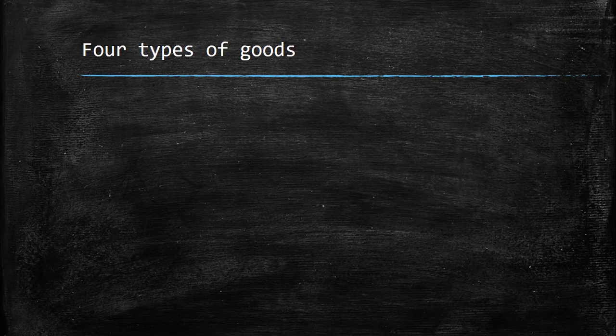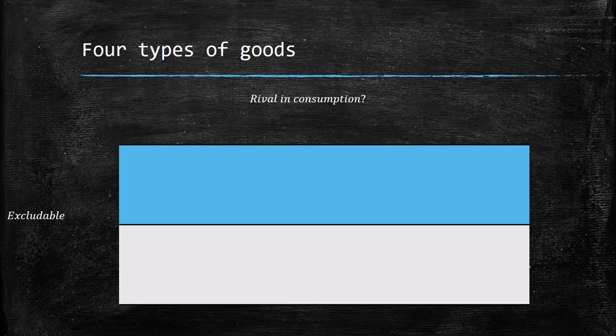So we can organize these kinds of goods by two characteristics, with yes or no: rival in consumption and excludable. So we have our table, with yes and no for each one. If they are both rival in consumption and excludable, they are private goods.